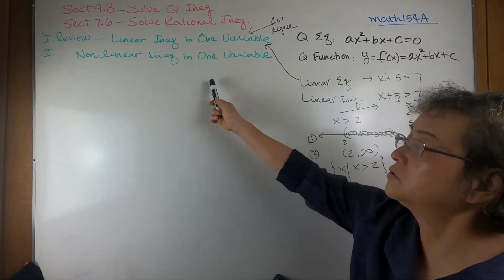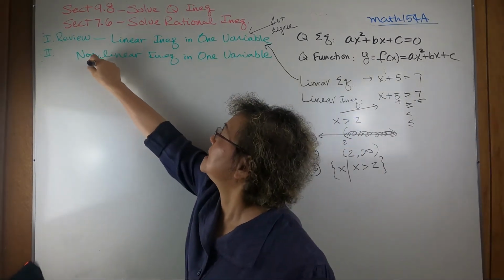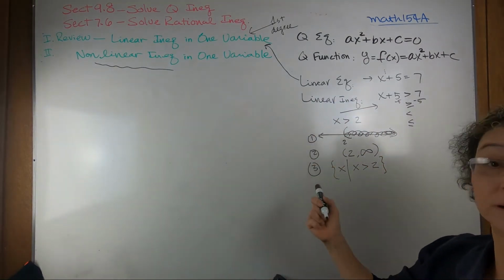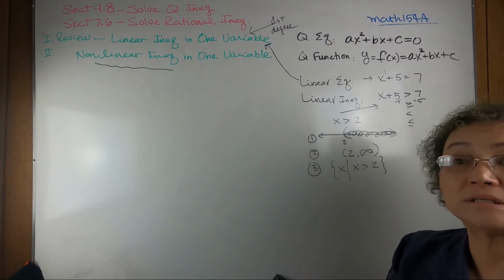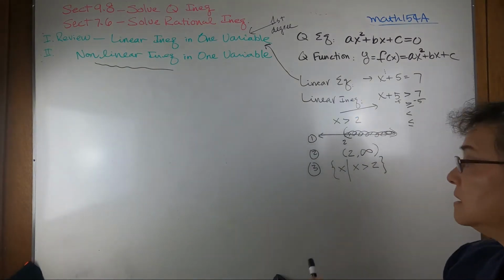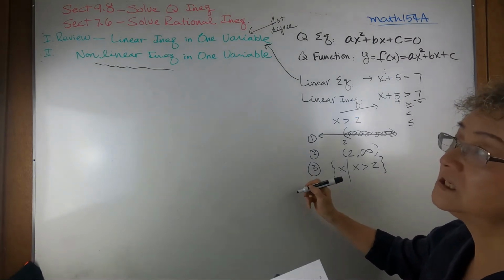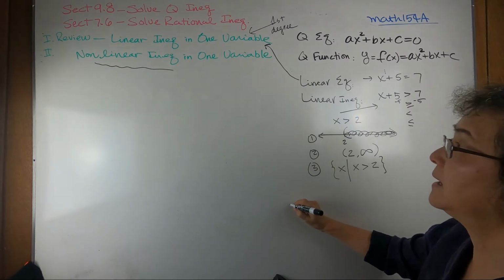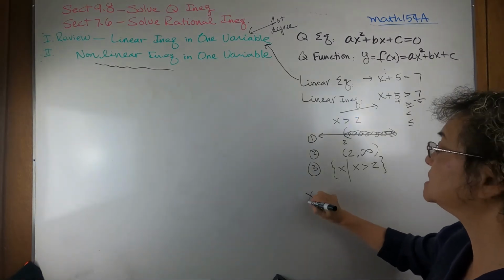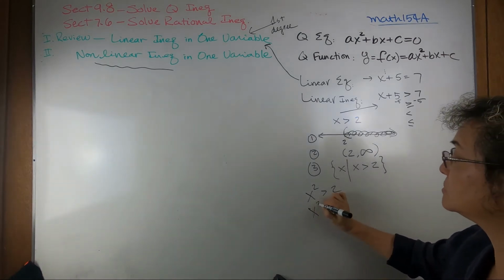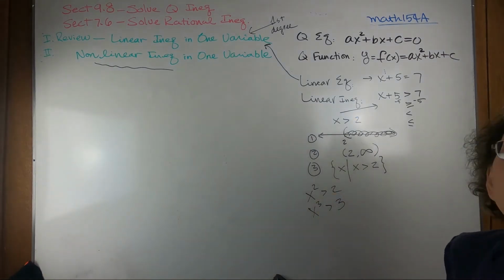So what do you think? We are going to talk about nonlinear inequality. Linear means a line, right? Nonlinear means not a line, the line has bent. So nonlinear inequalities are things like second degree, or third degree, right?